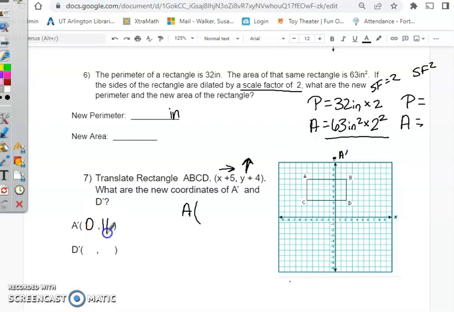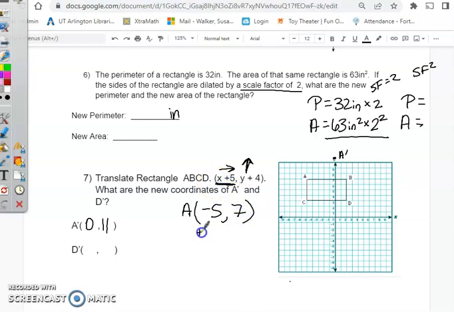So it's 11. Now, if you are uncomfortable with not seeing it on the graph, you can also do this. You can say, okay, the original A, that's the original A. It is -5, 7. And then you would just need to do this.